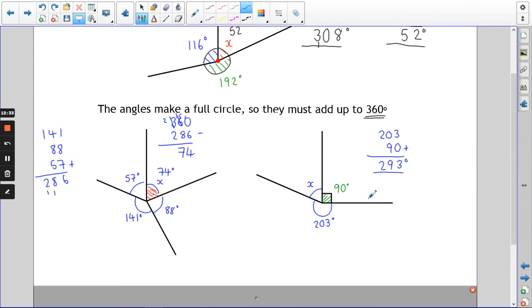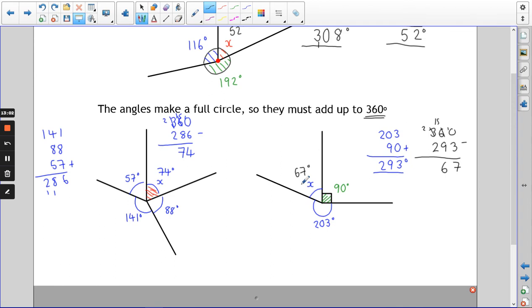So we've got 293 degrees so far, and then take that away from 360, borrow. 10 take away 3 is 7, borrow again because I can't do 5 take away 9. 15 take away 9 is 6, 2 take away 2 is nothing, so I can leave that blank. The missing angle is 67 degrees.